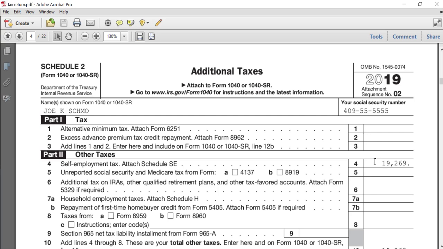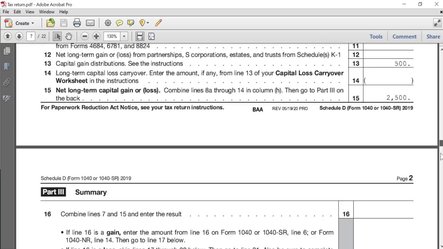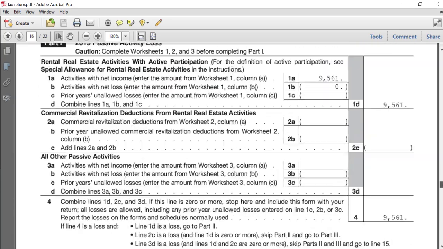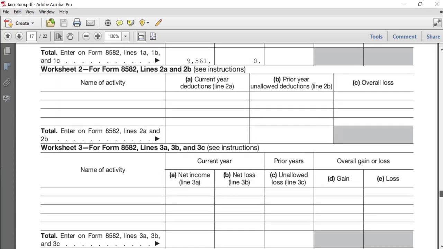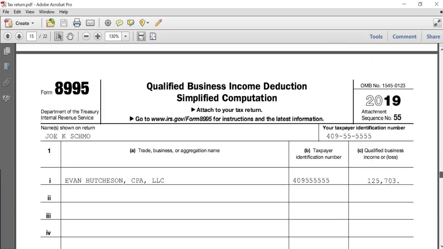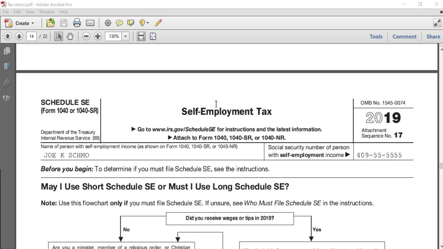And we are arriving at that by looking at his employee Social Security, employer Social Security, employee Medicare, and employer Medicare. And if we look towards the bottom of the return, there should be a Schedule SE. This is where the self-employment tax is being calculated.